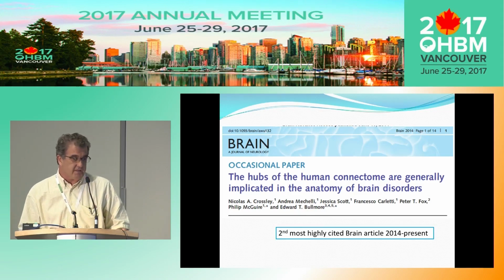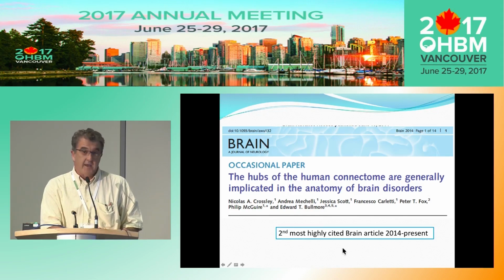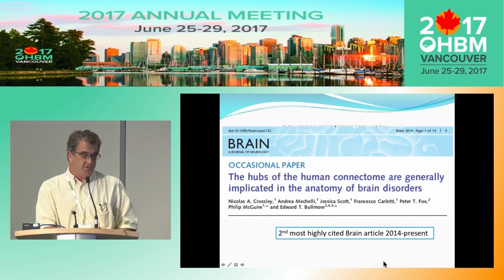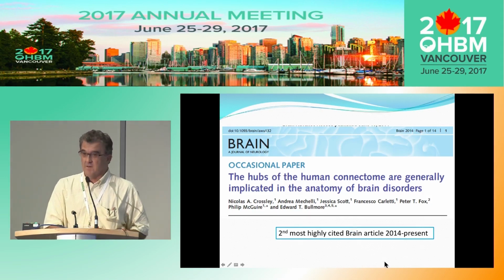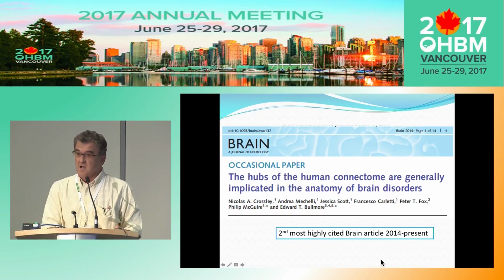Bullmore's group, Nick Crossley, did this as his PhD research. Notice that Brain, which in its instructions to authors says it doesn't want meta-analyses, no meta-analyses need apply, let this one through, and it's now the second most highly cited Brain article in the last 3 years. So if you're looking for something that has high impact, look at meta-analyses. They tend to be very highly cited papers.